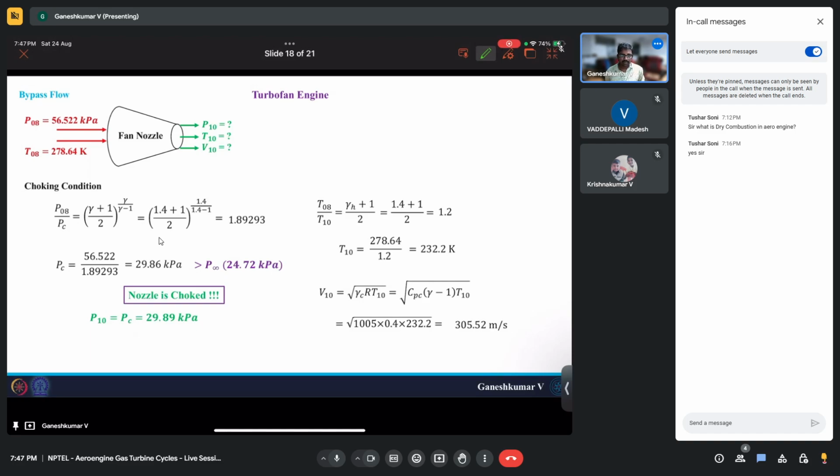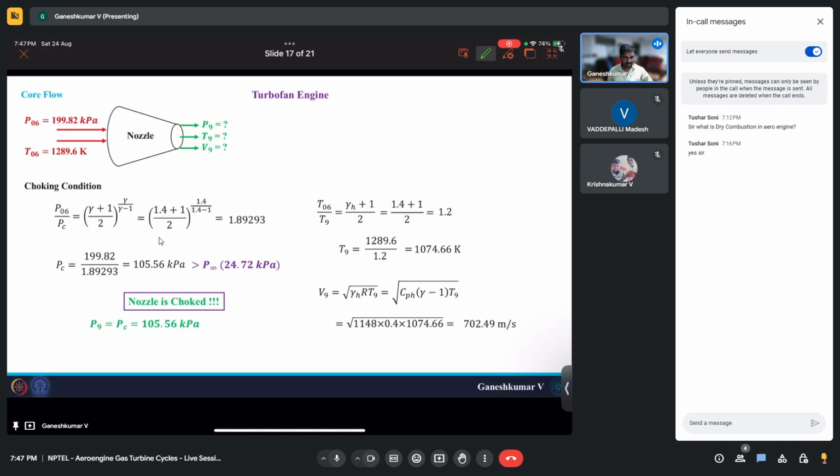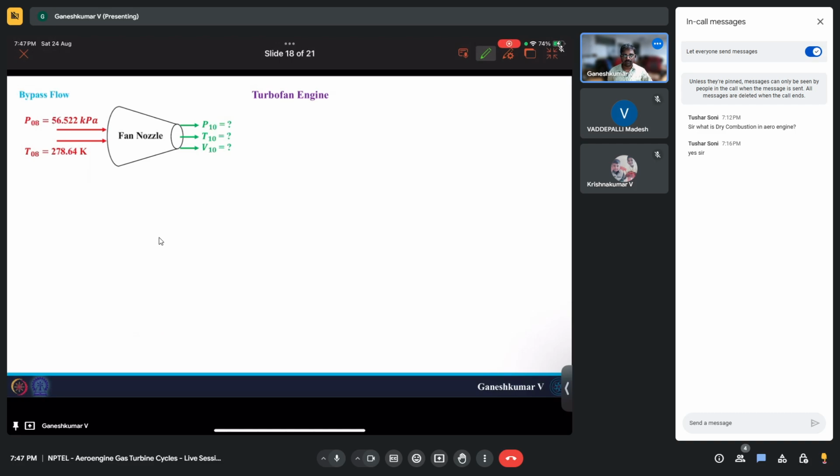So one subtle thing you need to note here is, here I used CPC, but back in the previous nozzle, the core nozzle, I used CPH. The reason is, it's a hot flow. You have gases after combustion, your CPs change and gamma changes.